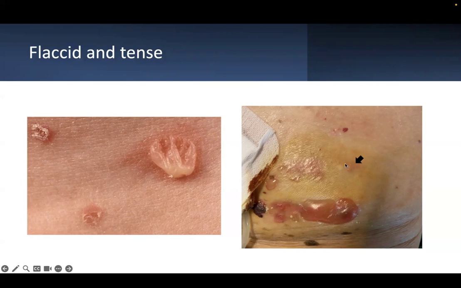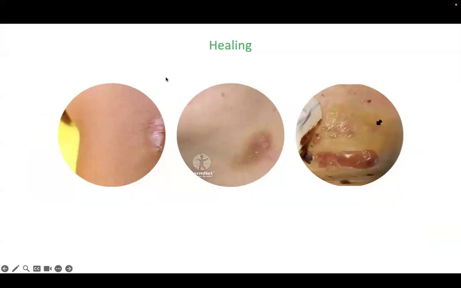This is one of the processes of healing in subepidermal or deep blisters. So these are some of the healing types. The first picture is healing by scarring, the second mainly with dyspigmentation, and the third, as we discussed just now, healing with milia formation.